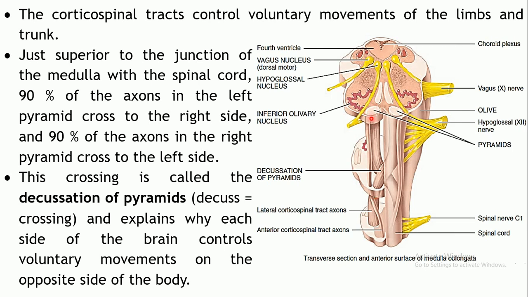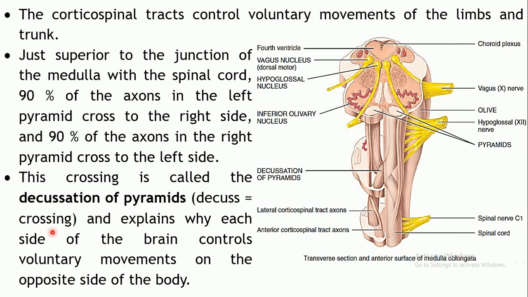And the tract which is present on the right hand side is crossing over to the left hand side. 90% of these axons, not all, some are traveling on the same side, right? 90% of these will cross over to the opposite side. And this particular phenomenon is known as the decussation of the pyramids.